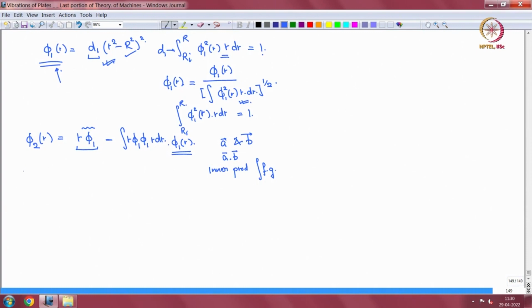So now shall we check if phi 2 and phi 1 are orthogonal?